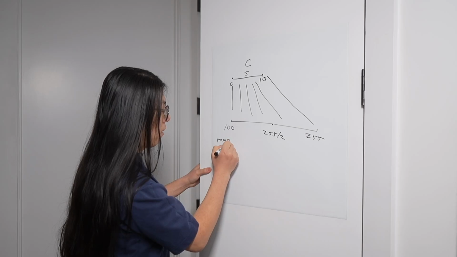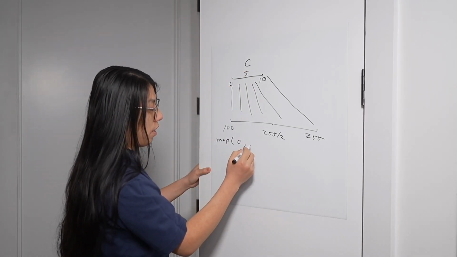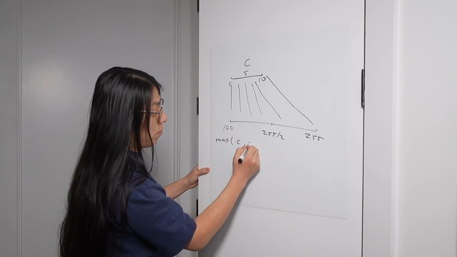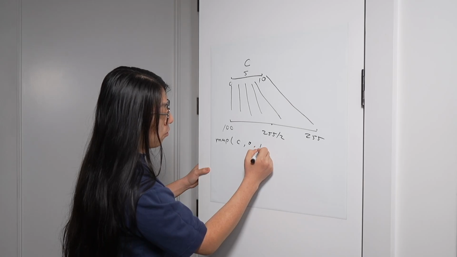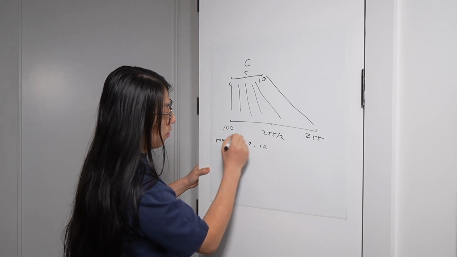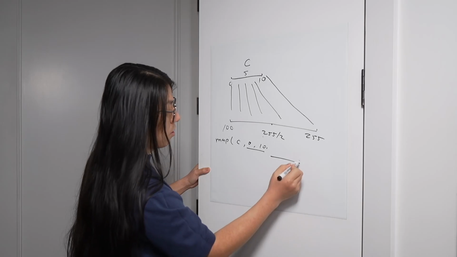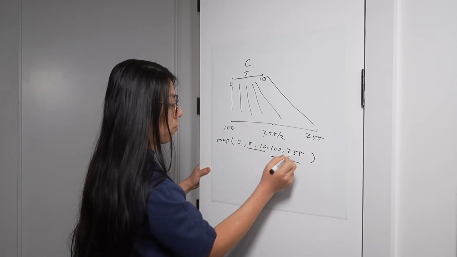So with the map function, first you start with the variable or any number, and map the number from the minimum value and its maximum value, that's the source minimum and maximum, and then the destination minimum and maximum, 100 and 255.